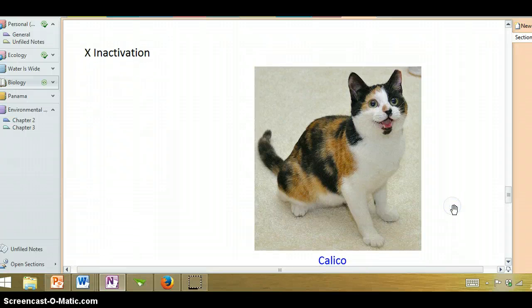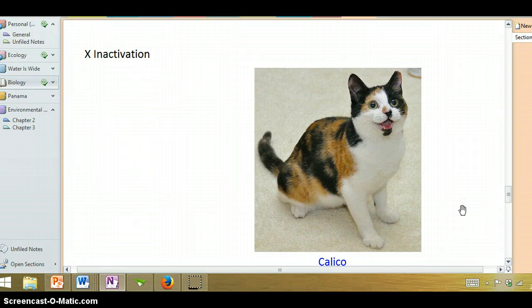All right, here's a phenomenon that's just relevant to females. It's called X inactivation. Of course, females have two X's, and in the cells throughout their body, one of those X's is typically inactivated. So in any given cell, a female is only expressing one of her X chromosomes.